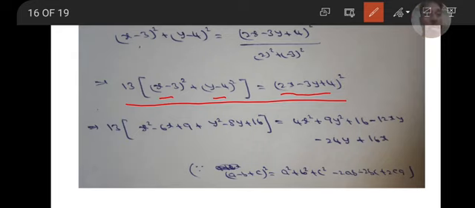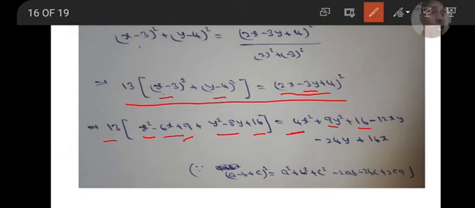If you simplify, you get 13 into (a² − 2ab + b²), that is x² − 6x + 9, y² − 8y + 16. On the right, a² is (2x)², that is 4x². b² is (−3y)², which is 9y². c² is 16.